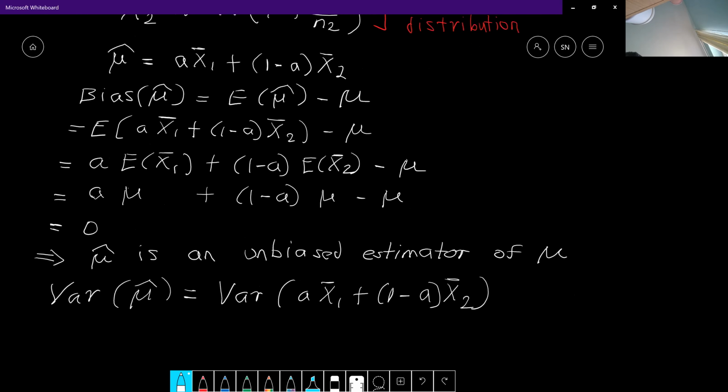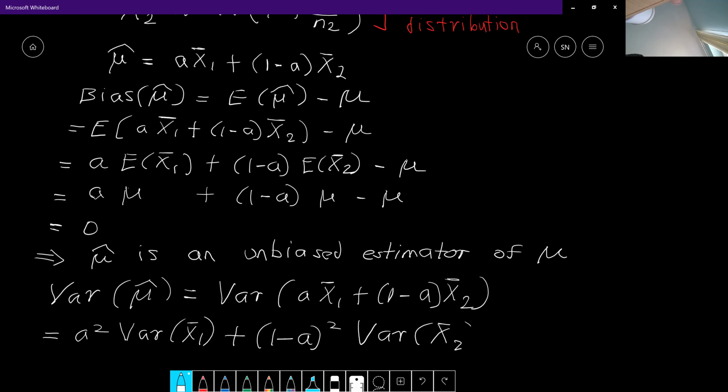If you take the variance inside, you get a squared times the variance of x bar 1 plus 1 minus a squared times the variance of x bar 2.